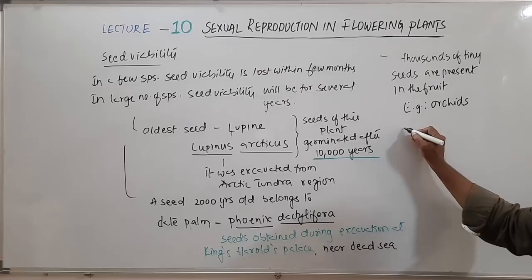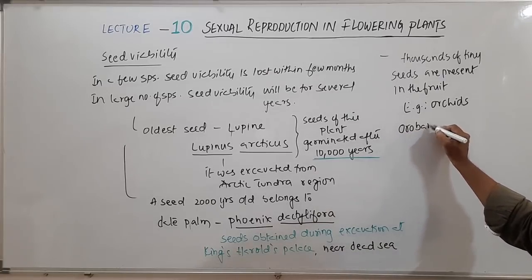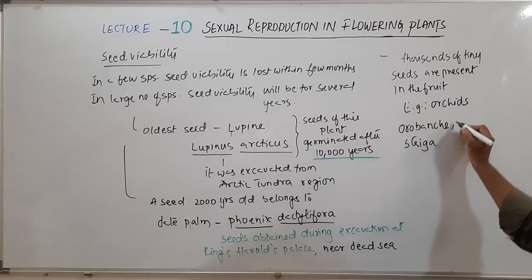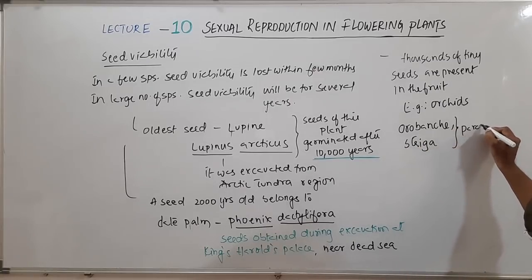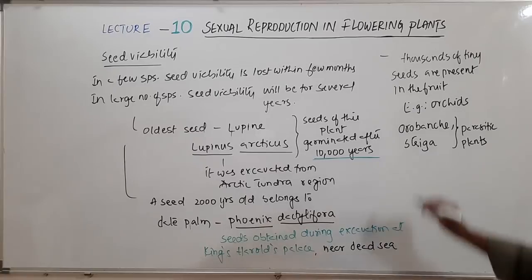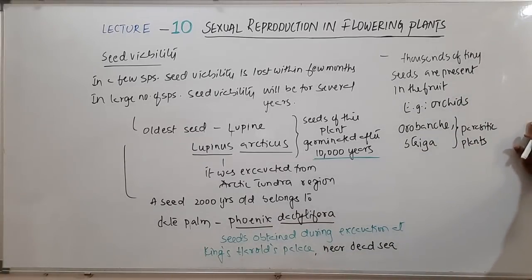Even parasitic plants like orobanche and striga produce thousands of tiny seeds.